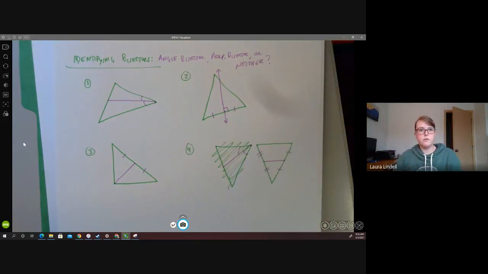Okay, so on all 4 of these, we're going to identify, is it an angle bisector, a perpendicular bisector, or neither one of those things?